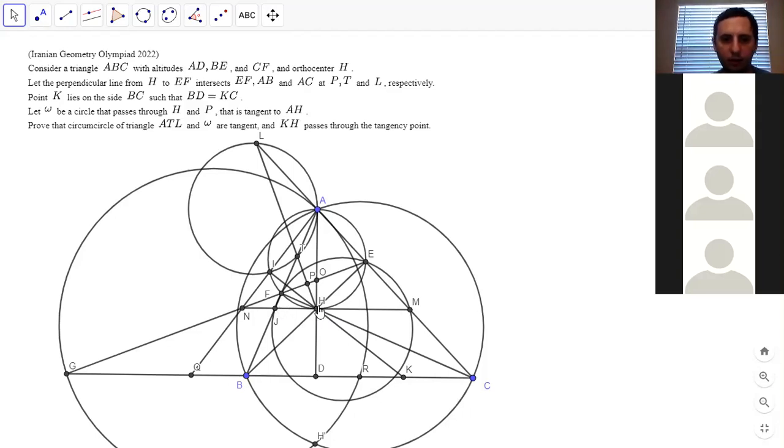Because you take the perpendicular from H to EF and it intersects at T and L, and these are the perpendiculars from H to the sides.